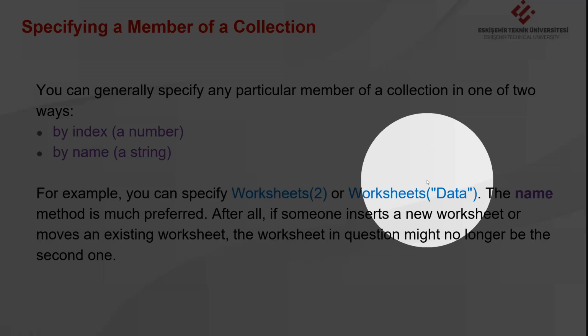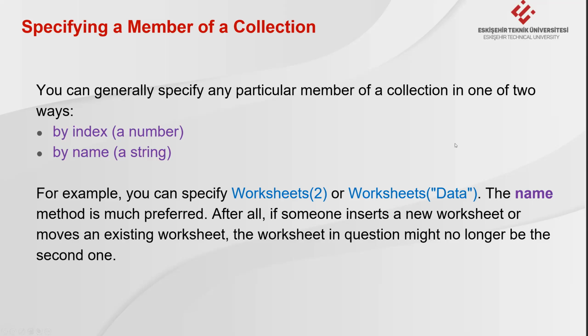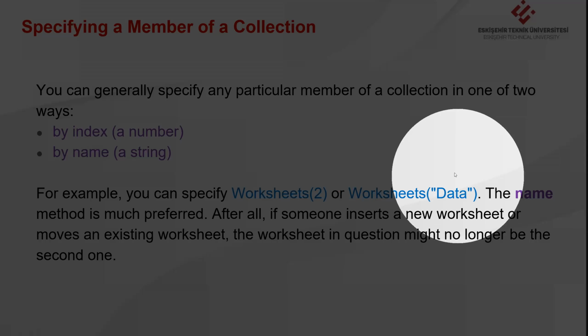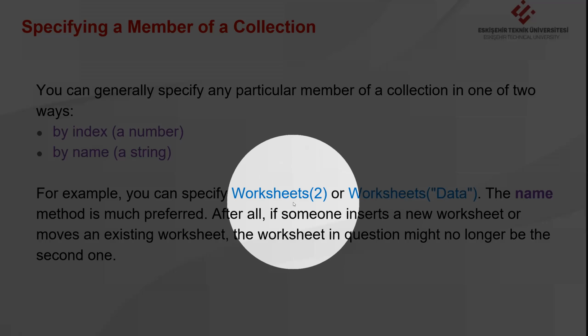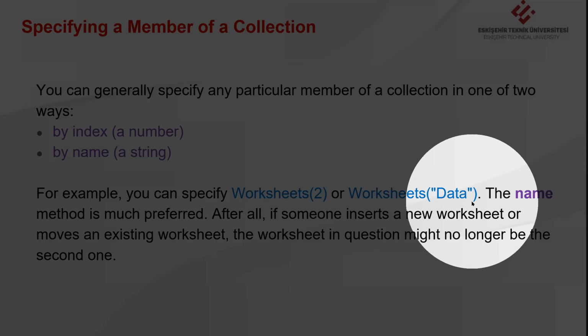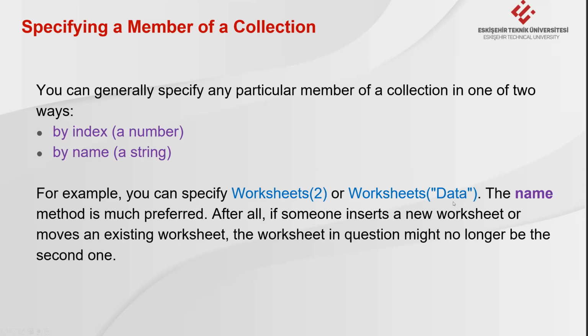Assume that you have a data worksheet. The name method, as in here, is much more preferred because, for example, your data worksheet is at the second index. Now, maybe later you're going to insert more worksheets and it's going to be the third worksheet. Because of that, using the name is much safer for you.